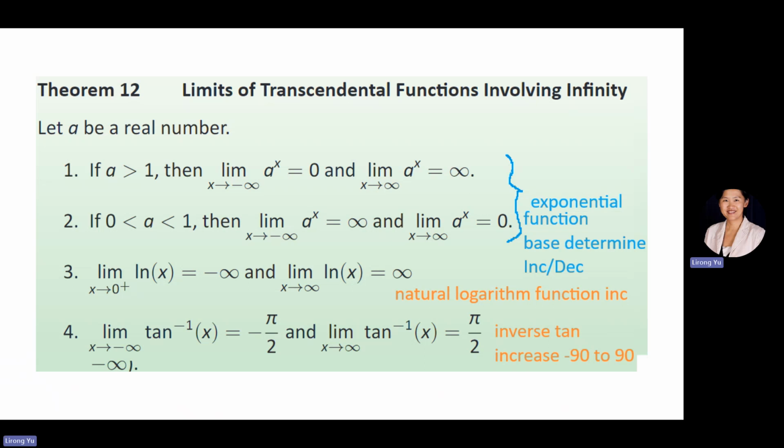For example, if the base is bigger than 1, the exponential function is increasing. So this is y equals a to the x. For example, y equals 2 to the x will behave this way.